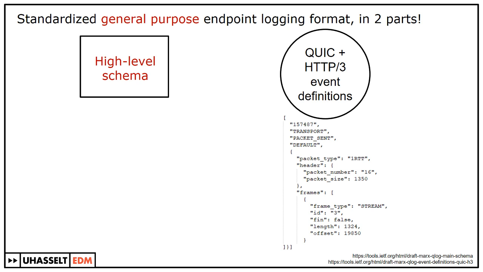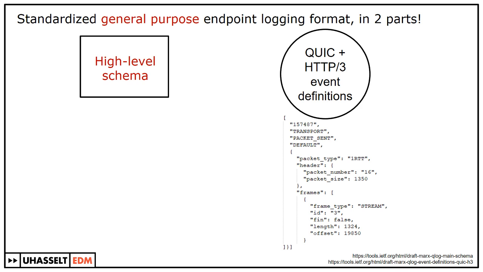They are composed out of different frames. If you have a stream frame, it has a length and an offset, and so on and so forth. So it's a really straightforward mapping from the QUIC documents into a JSON format. It's really quite long and it's quite boring, this document. I think the other one, the high-level schema, is a bit more interesting.